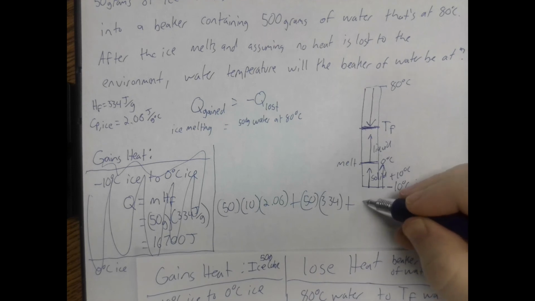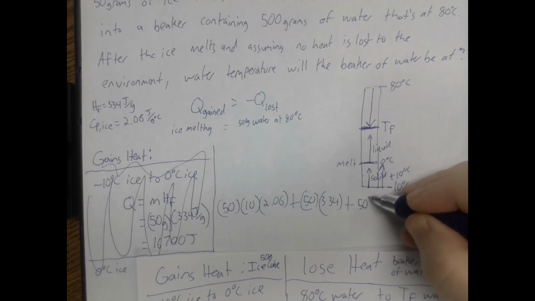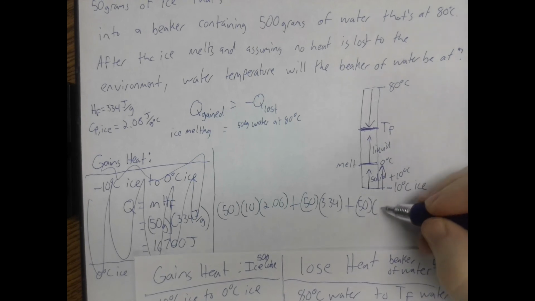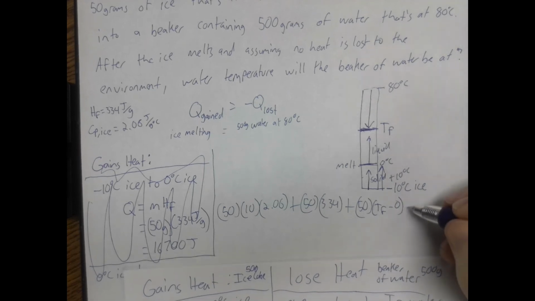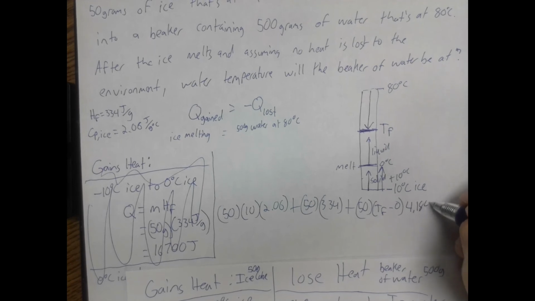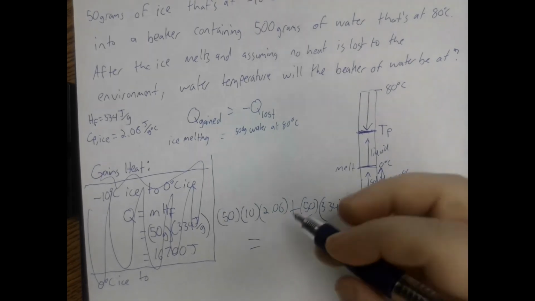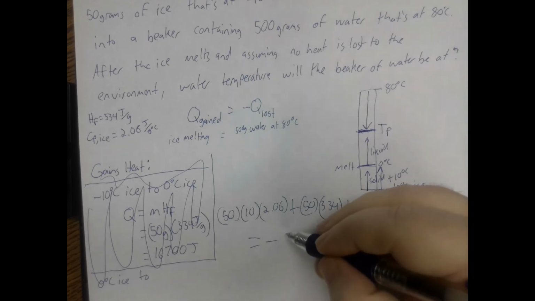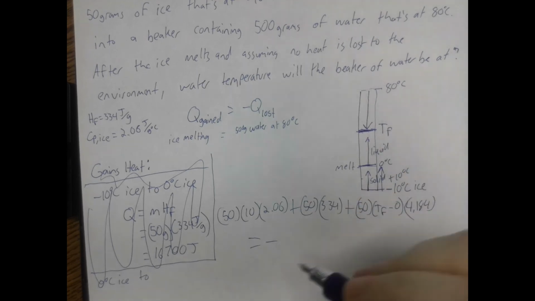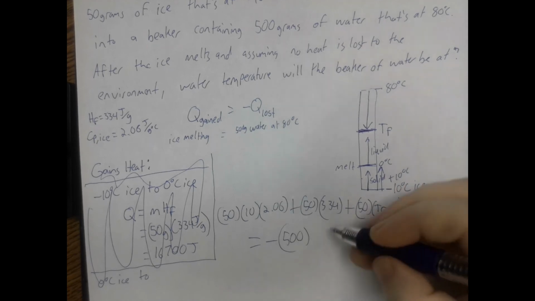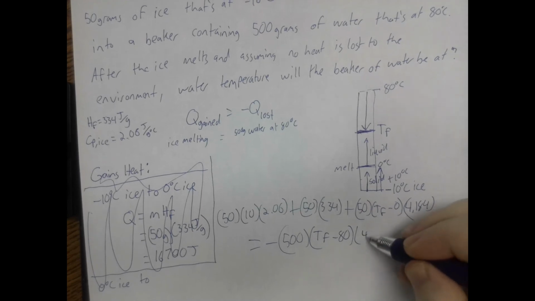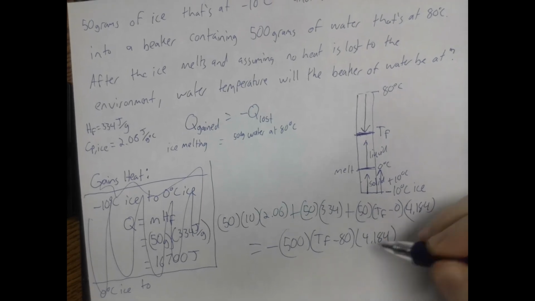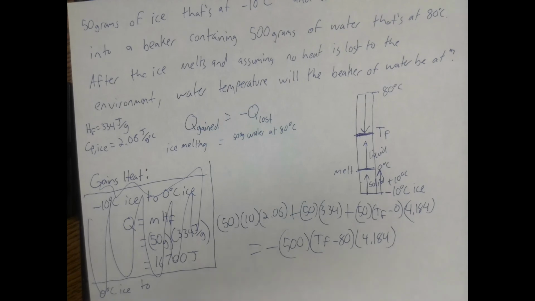This would be going from mass of 50 times temperature change from 0 to TF. So I do TF minus 0. CP of liquid water is 4.184. And then I set that equal to negative Q loss like this, so 500 times TF minus 80, and CP of water 4.184, and then solve for TF using algebra.